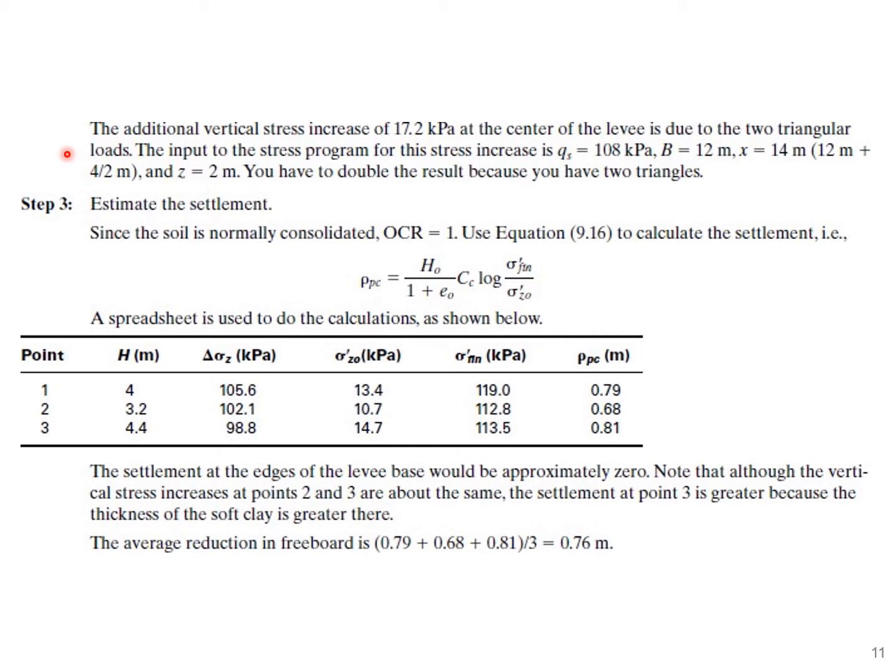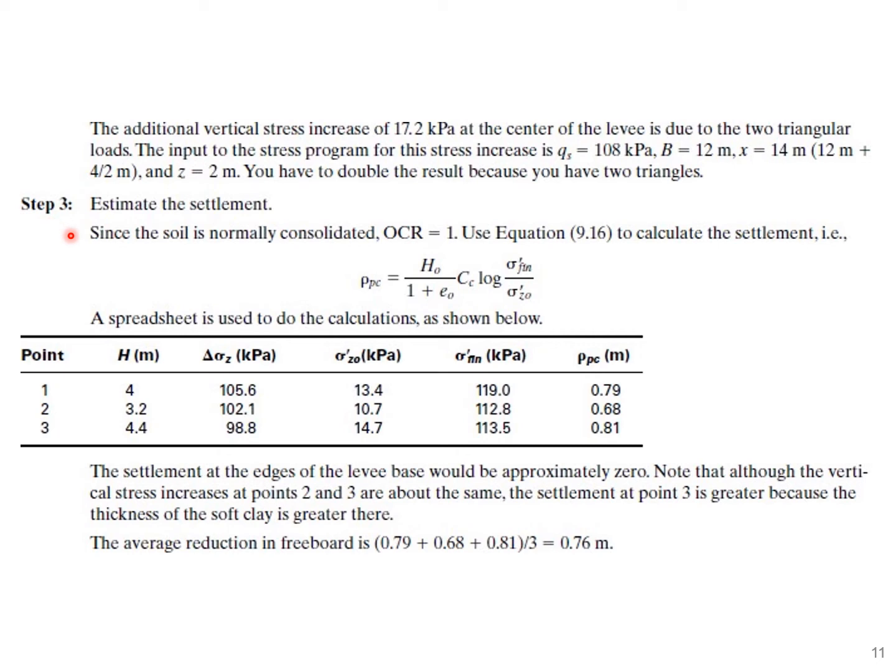You have to double the result because you have two triangles. So either software can be used, or you can use the method to determine the stress, and you can get it by that.